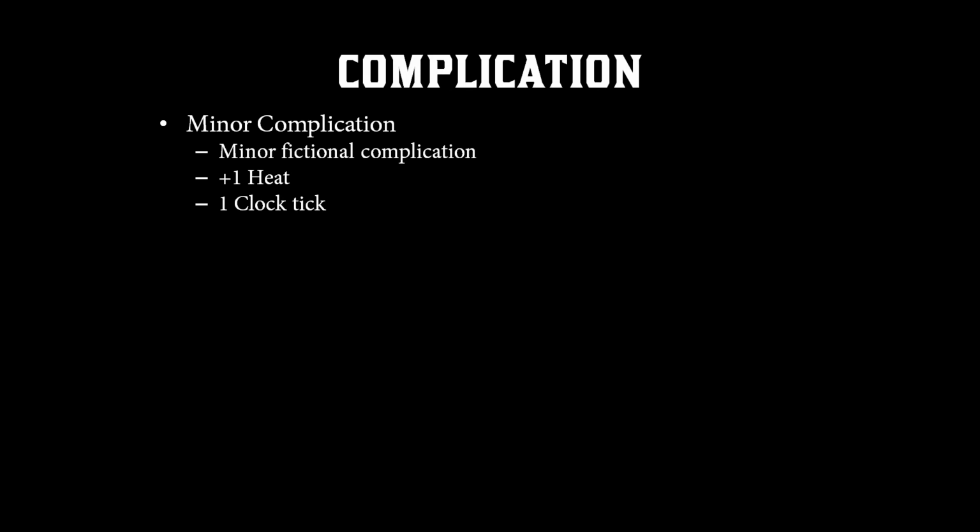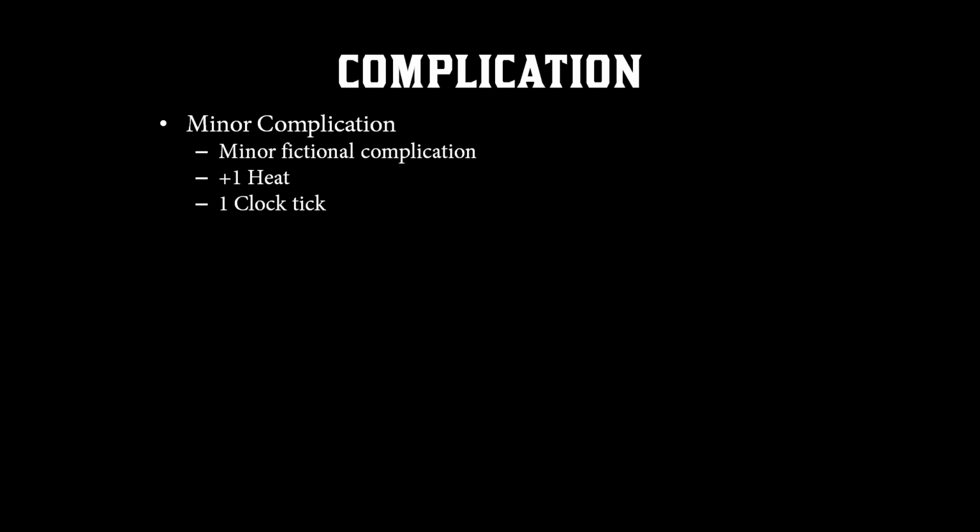You can also get a complication, and I apologize, but the description of this part of the rules I found to be quite unclear in the book, and so I've tried to kind of clean it up and codify it, but it is a little bit hazy. So if you think there's something wrong with my interpretation of the rules, then please let me know in the comments.